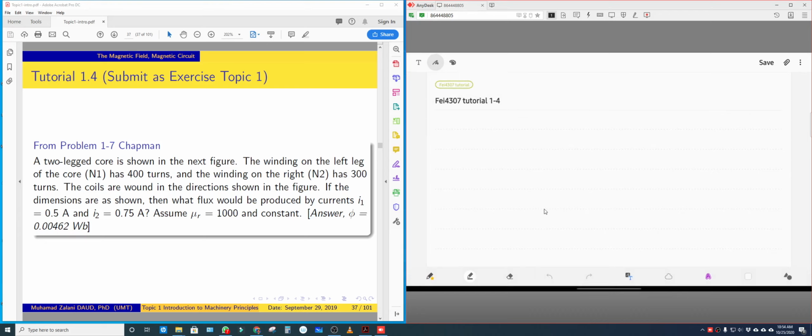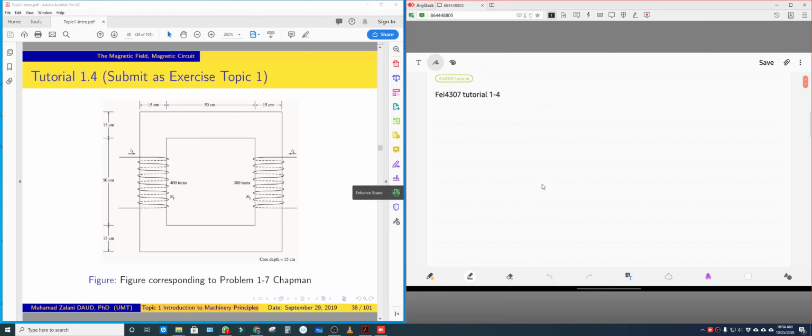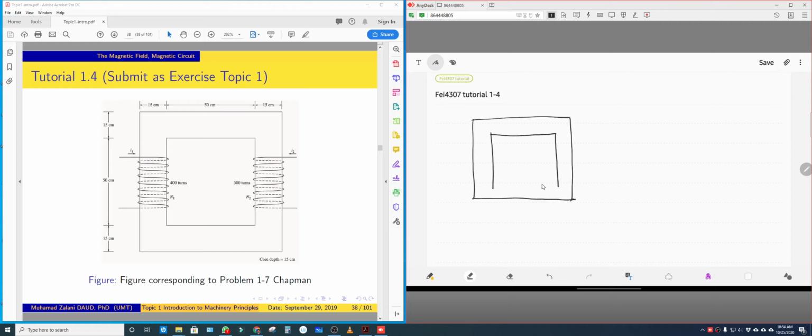So I'll write down in my canvas here, right? I'll draw back the dimensions of the core, so we have a core like this. Then the current is flowing from there. Also, there is another winding which is injected by the current I2.